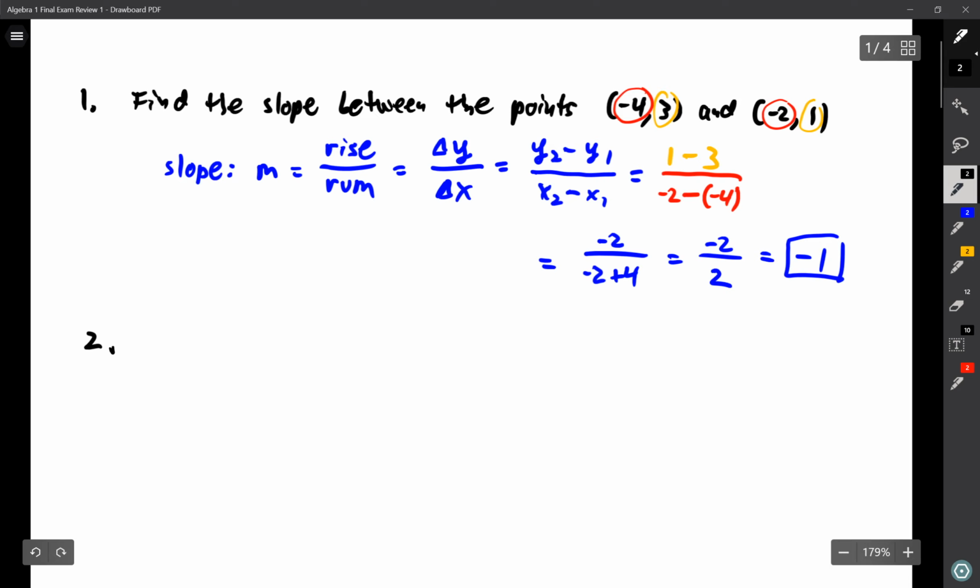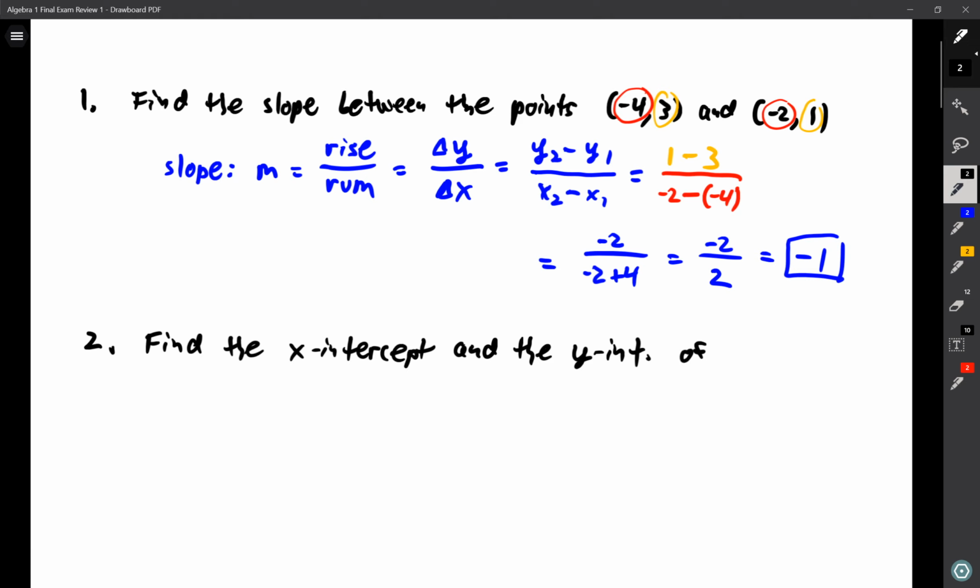Number 2, we have find the x-intercept and the y-intercept of 2x minus 5y equals 1. I'll shorten that to y-int.